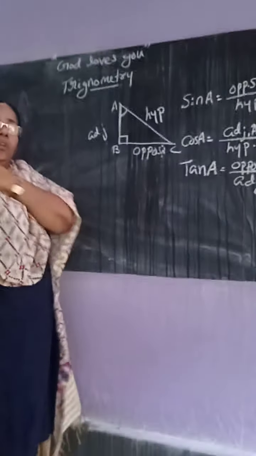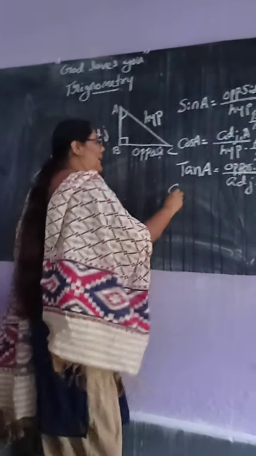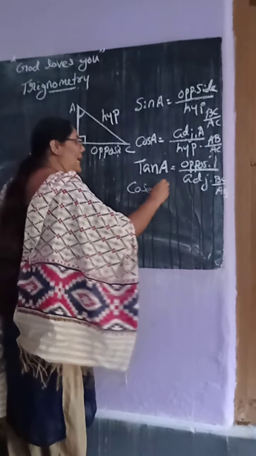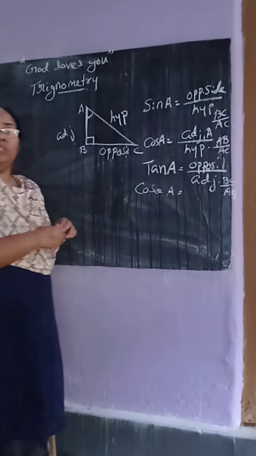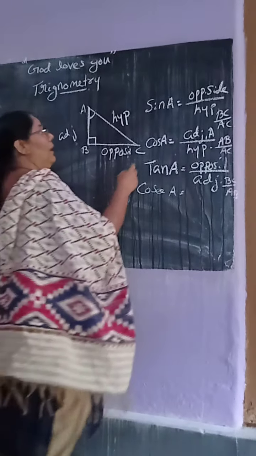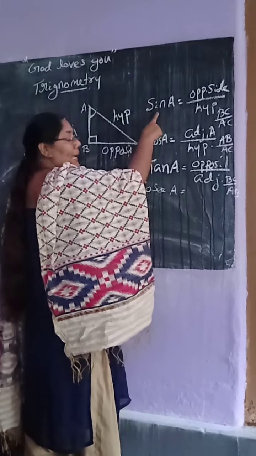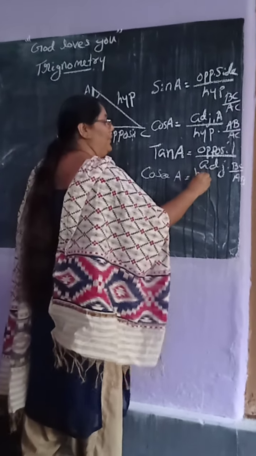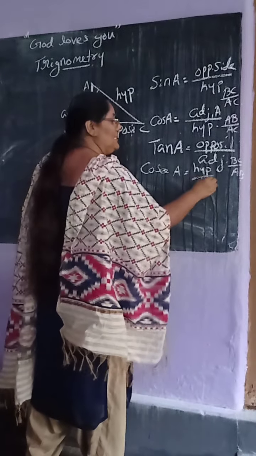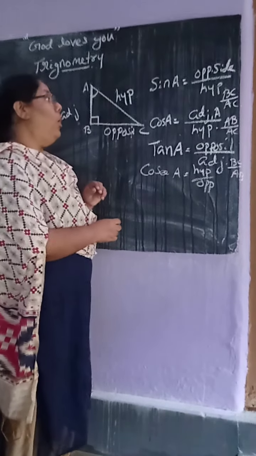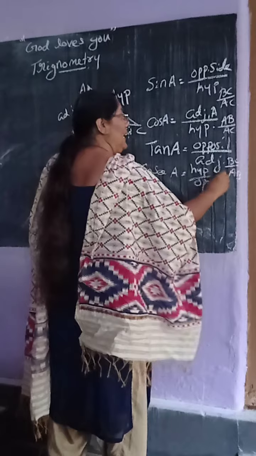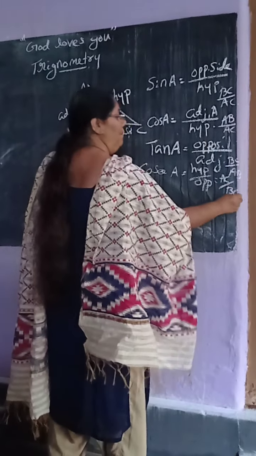Then the fourth one is cosec A. Cosec A is the reciprocal of sine A. What is that? Hypotenuse by opposite side. That means AC by BC.